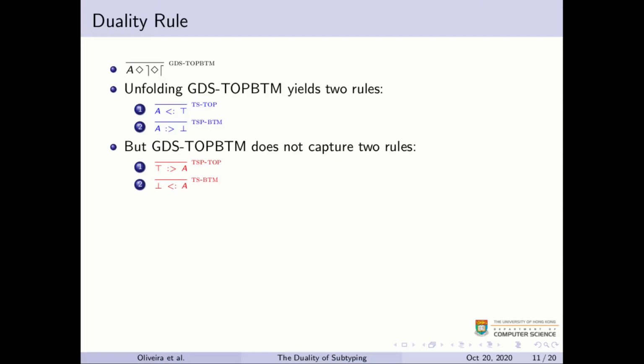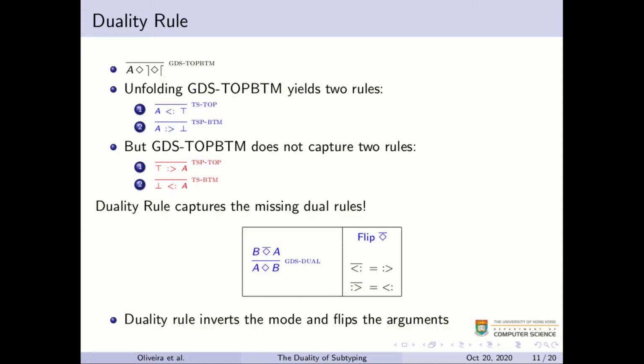That is, top is the supertype of any other type and bottom is the subtype of any other type. For reflexivity, these rules are important to capture in the system. To capture such missing rules, we have a duality rule here, GDS dual. The duality rule simply inverts the mode and flips the arguments, and it captures the missing rules.